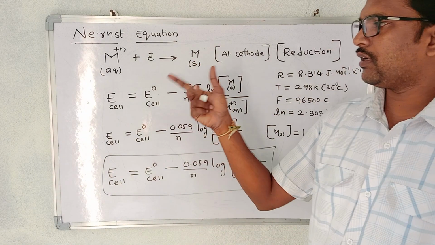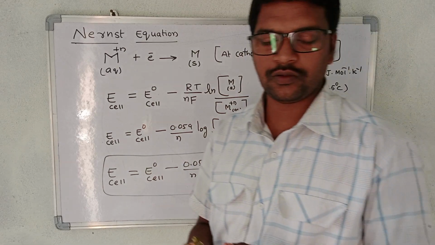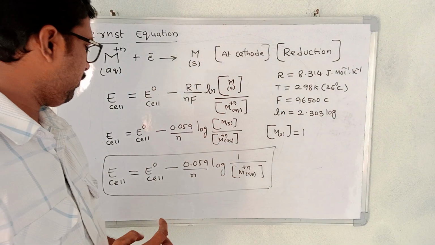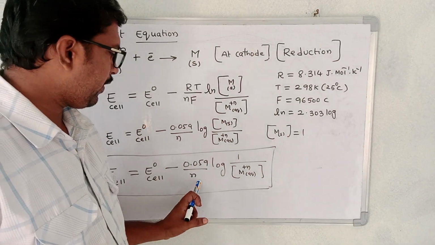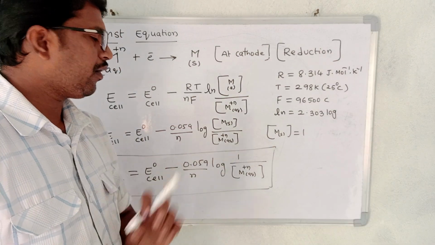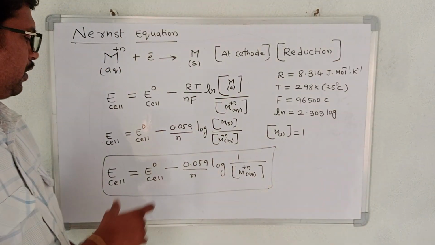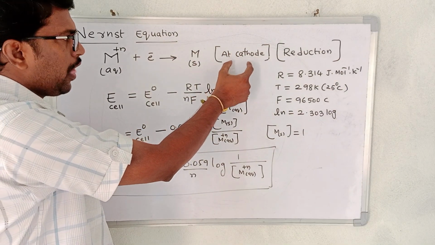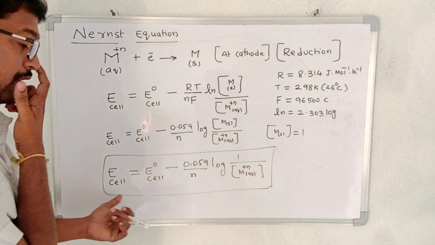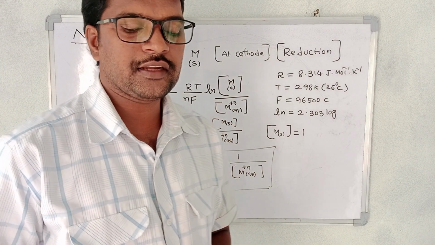When you take this Nernst equation for this half-cell reaction at the cathode, the equation is E cell equal to E naught cell minus 0.059 by n log 1 by concentration of this solution. It takes place at the cathode. Cathode means it is a reduction reaction, so by using this we find the reduction potential.